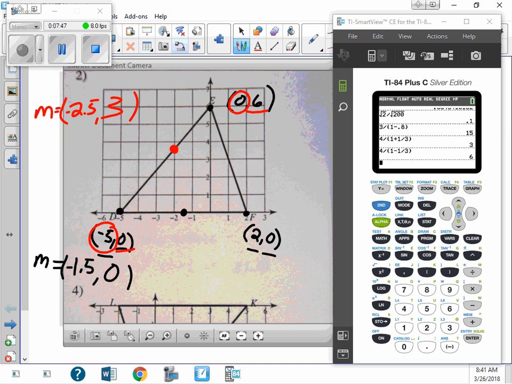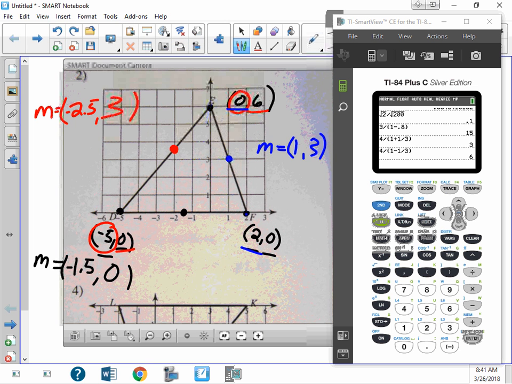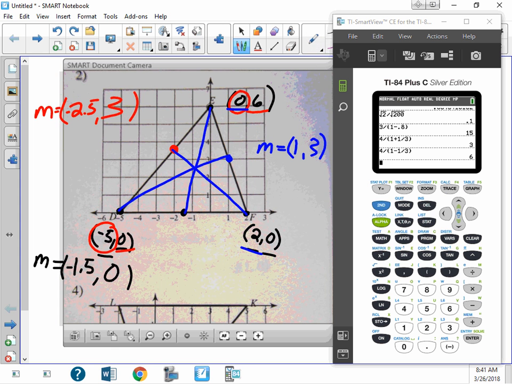And then for the third one, 0 plus 2 is 2, and 2 divided by 2 is 1. Okay. And 6 plus 0 is 6, and 6 divided by 2 is 3. So 1, 3 is the midpoint. Now I can construct my 3 medians. Oh, I didn't do a good job. Let me try that again. That's better.